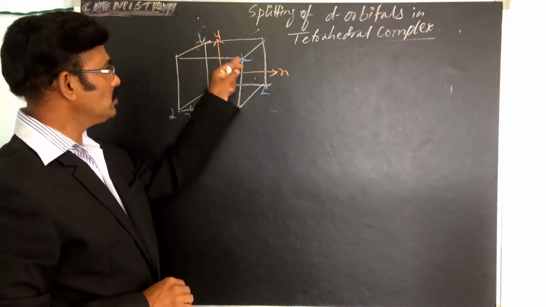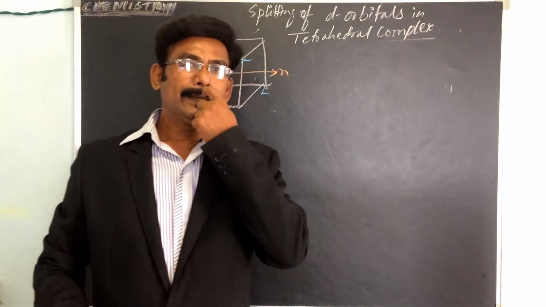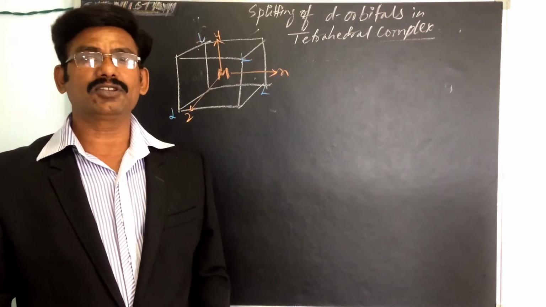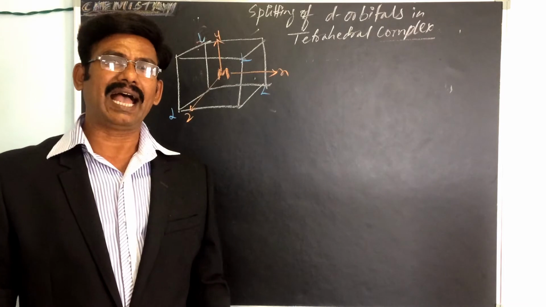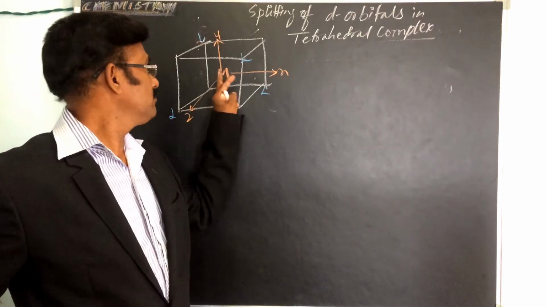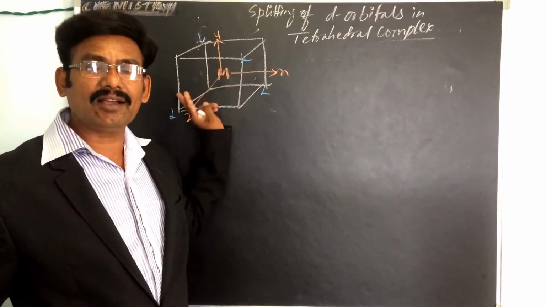So how many? 1, 2, 3, 4 alternate corners. This is the tetrahedral structure, meaning tetrahedral geometry having the central metal atom and four ligands at the corners.